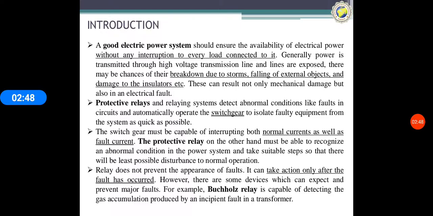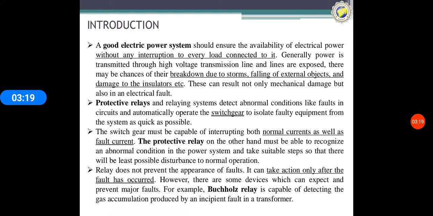Now we can study switchgear and consumers. First of all, what is a good electric power system? A good electric power system supplies electricity to the consumer without any interruptions to every load connected to it. Generally the power is transmitted through different stages, the high voltage transmission lines, and the lines are exposed.